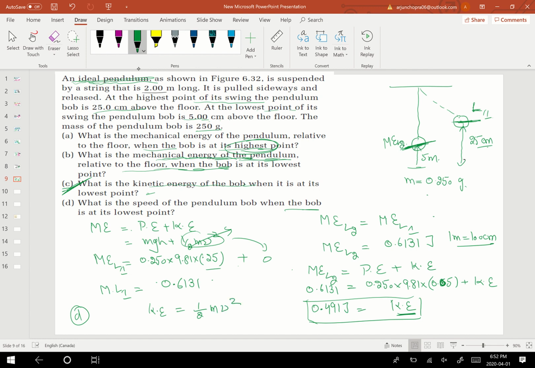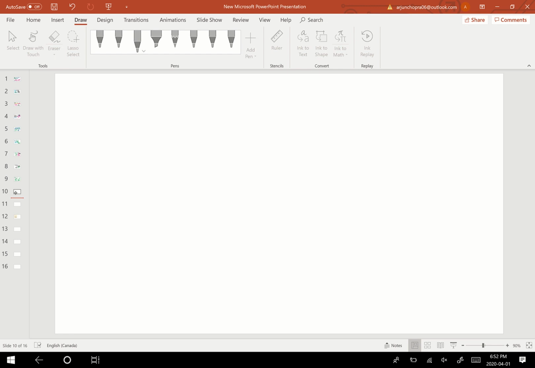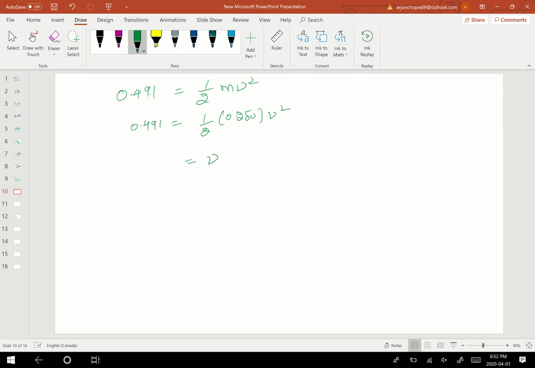If I plug in the values, 0.491 equals half mv square, which is half times the mass given to me, 0.250, times v square.